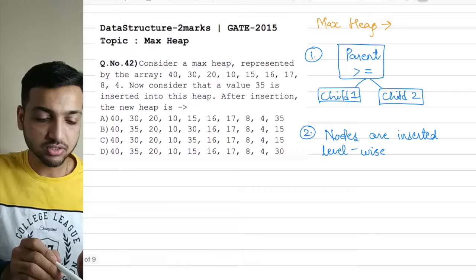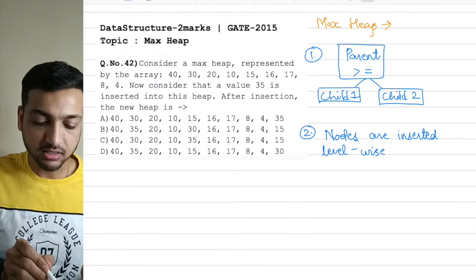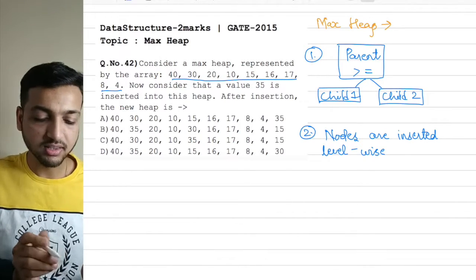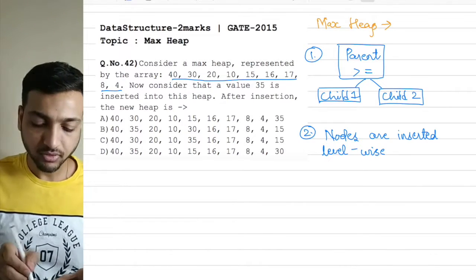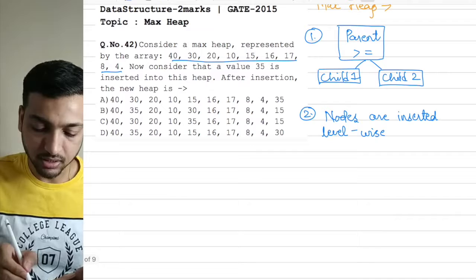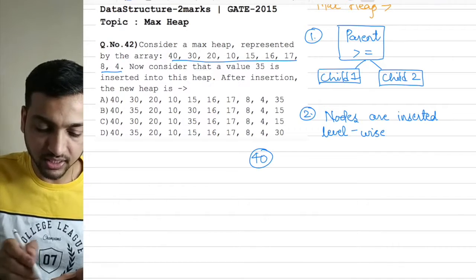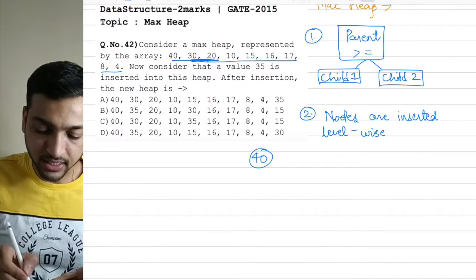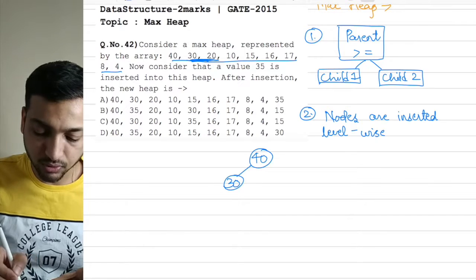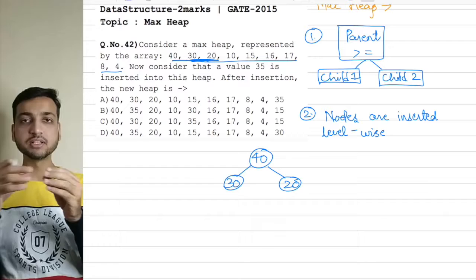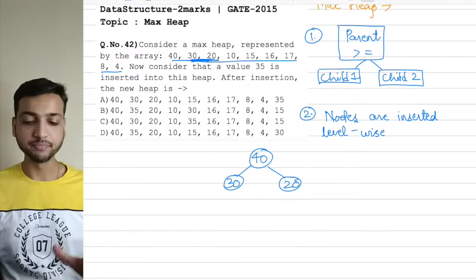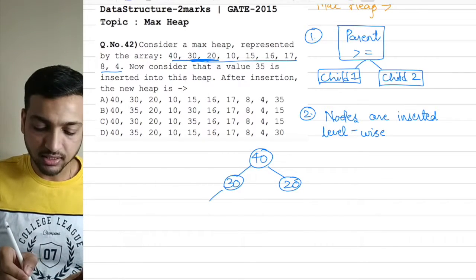So first of all, let's draw the structure of our input original max heap. This is the starting point 40, then I have 30 and 20 as its children. As we know, the array which represents a max heap is a level order representation of the max heap, so all the nodes are in level order.